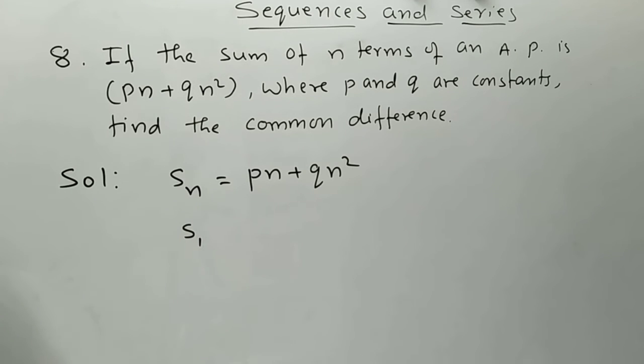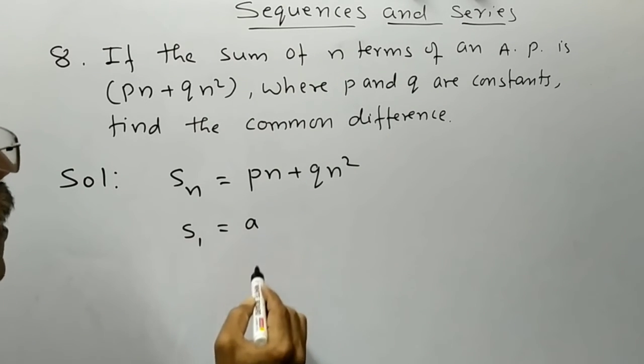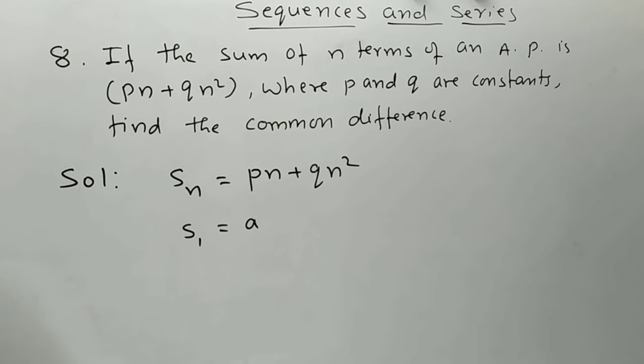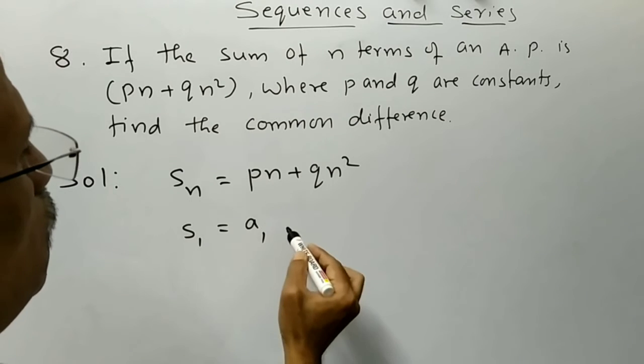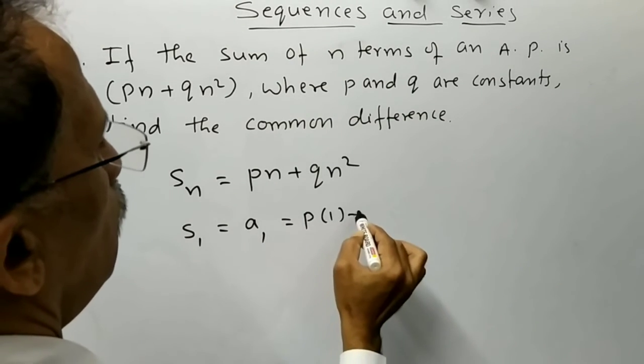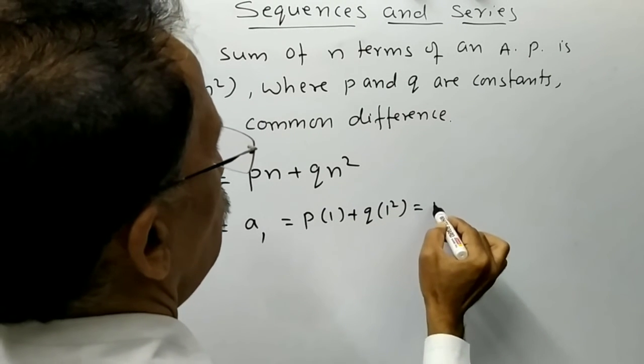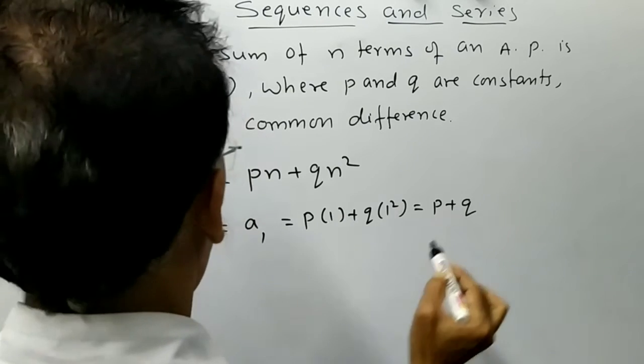S1, that is a or a1, first term, sum of first term, is equal to P into 1 plus Q into 1 square is equal to P plus Q.